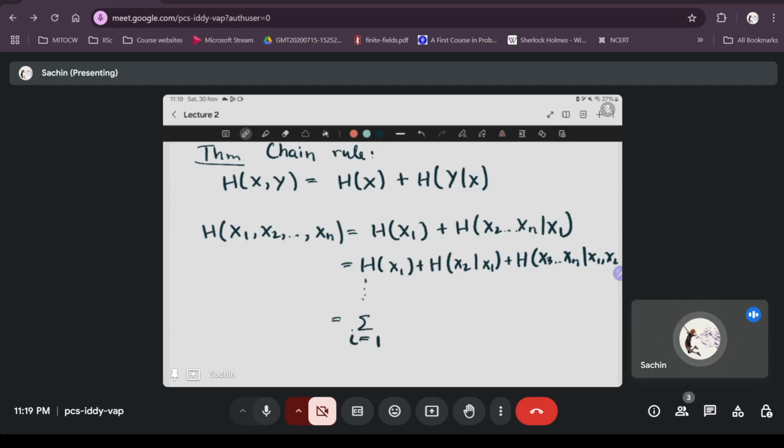In the end you will be left with the sum of H of xi given x1 to xi minus 1 over all i equal to 1 to n. So it's H of x1 plus H of x2 given x1 plus H of x3 given x1 x2, and so on, until you get H of xn given x1 to xn minus 1.